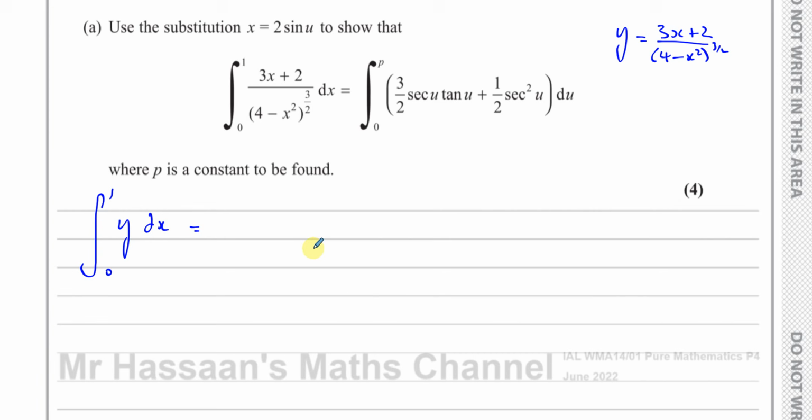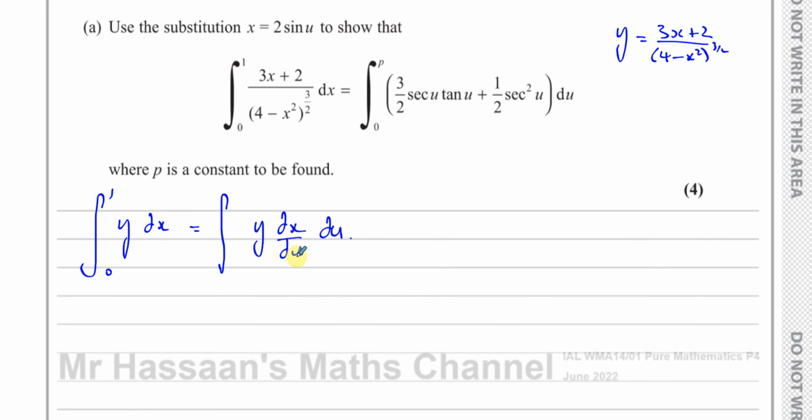So what we're going to do here is take this and rewrite it as the integral between 0 and, well, I'll talk about that in a minute, of y dx/du, with respect to u. If you rewrite it like this, this is actually the same as y dx.